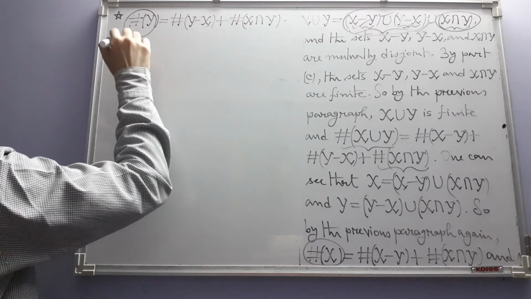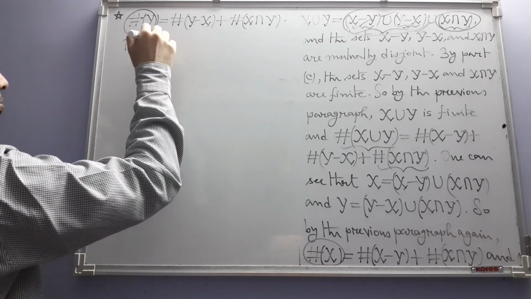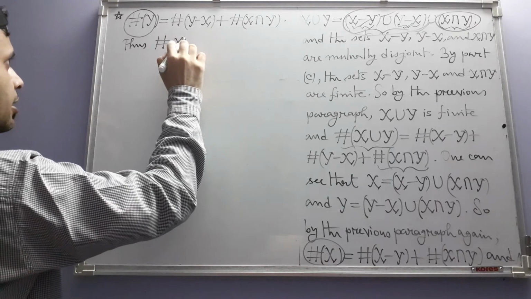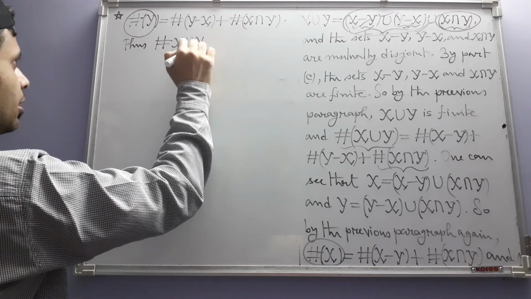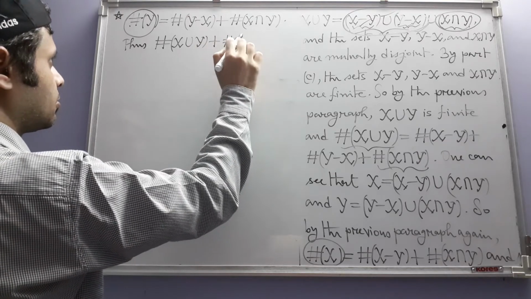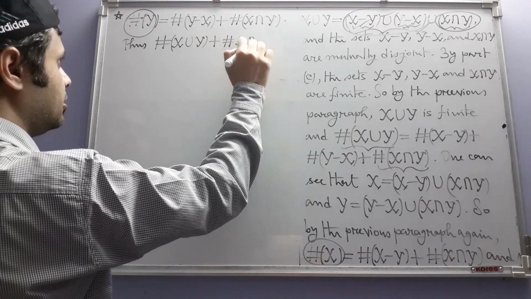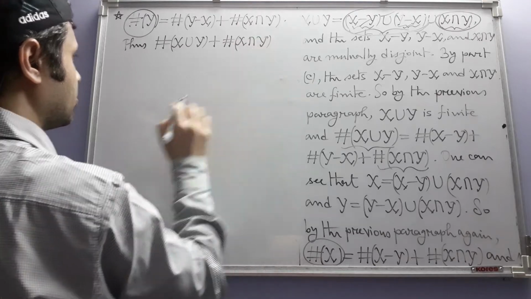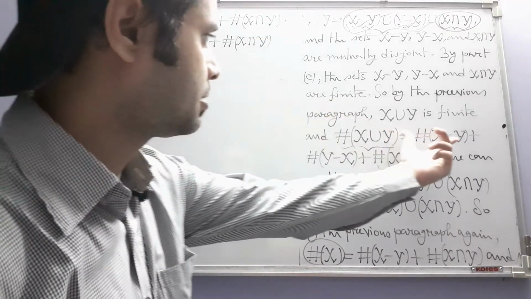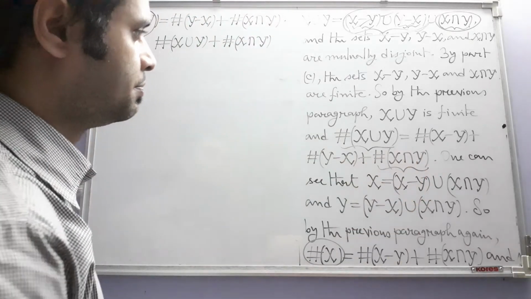Thus, cardinality of x union y plus cardinality of x intersection y equals this sum.